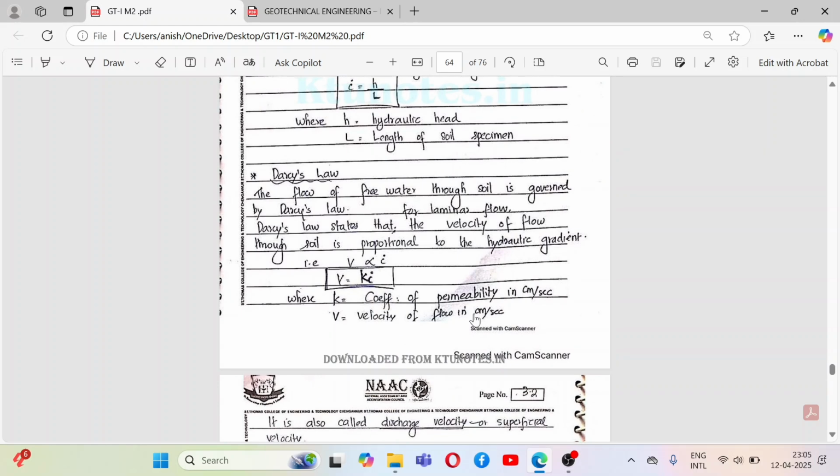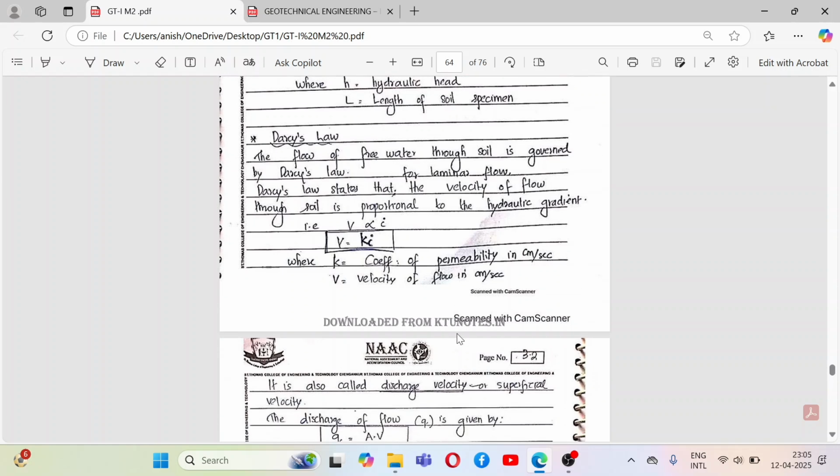Next comes Darcy's law. The flow of free water through soil is governed by Darcy's law. Darcy's law states that the velocity of flow through soil is proportional to hydraulic gradient. That is, v is directly proportional to i, which can be given as v equal to K i.